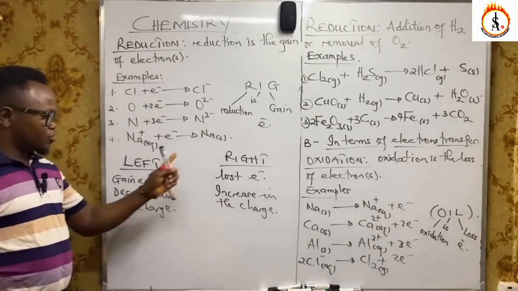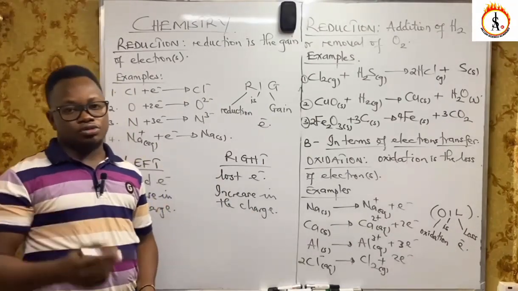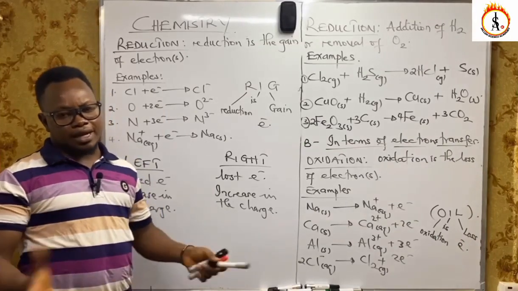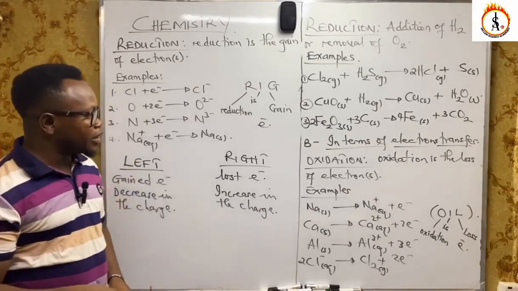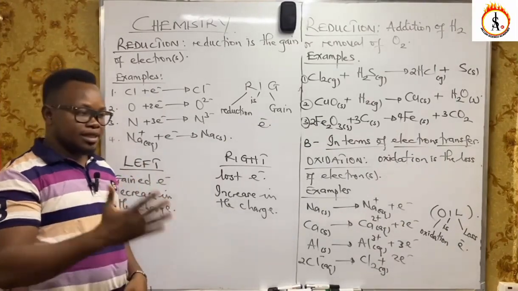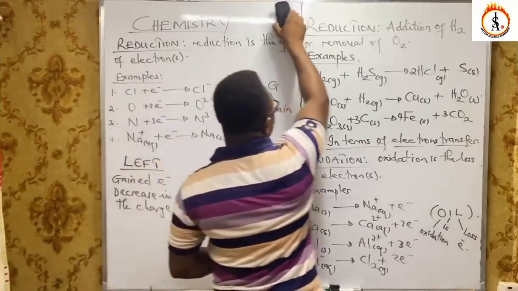So you also have to note these small things. Okay, I told you earlier that oxidation and reduction processes are complementary, meaning we can have in one equation oxidation taking place, and in that same equation reduction taking place. Let's look at a few examples.